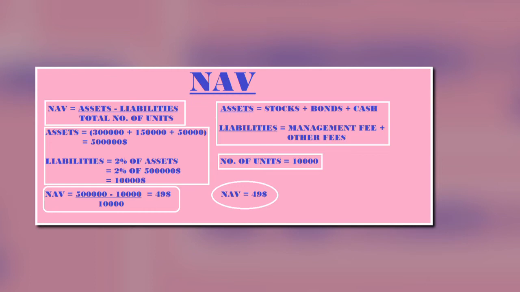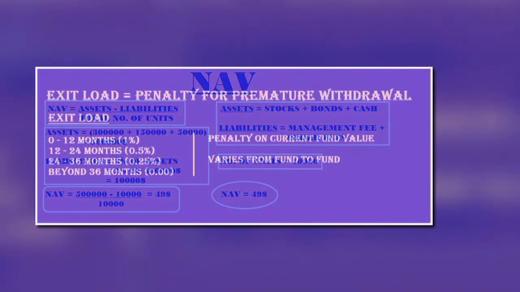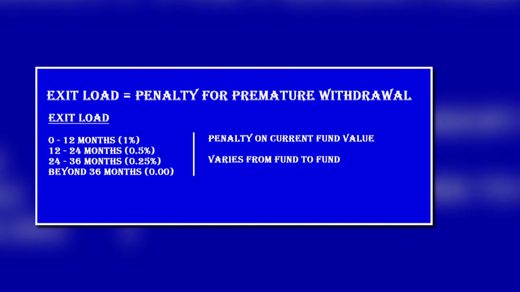Now, let's understand about the exit load system. Basically, exit load is a penalty for premature withdrawal of your money from the mutual fund. This exit load is deducted from the current value of your investment at the time of redemption of your money.